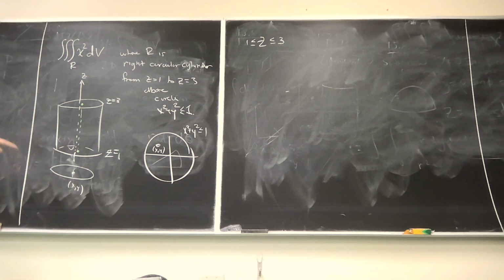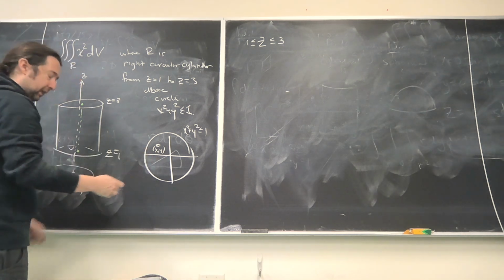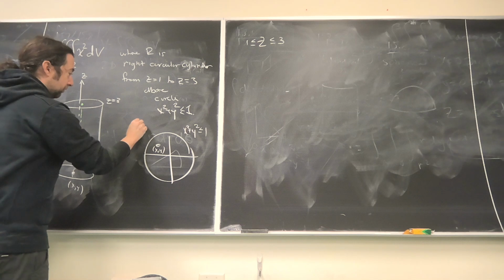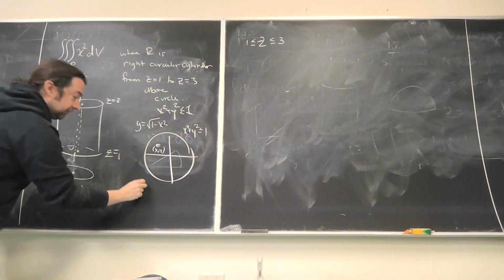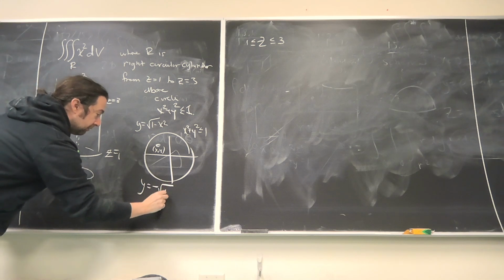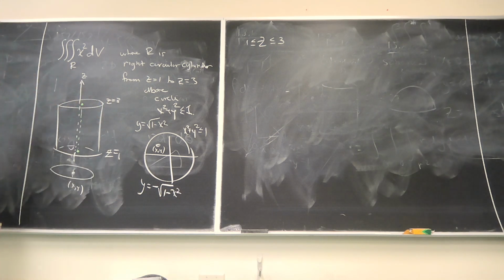And now I need to characterize what's going on in the disk itself. So I'm going to write y as a function of x. So for a fixed value of x, my y values travel from y is equal to the square root of 1 minus x squared on top, and y is equal to minus the square root of 1 minus x squared on bottom. Ew, that's nasty.